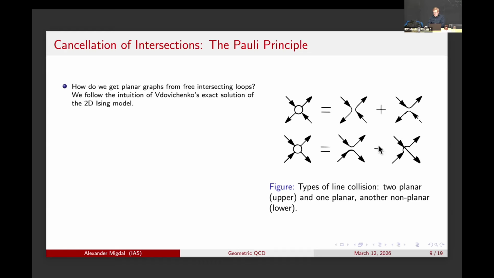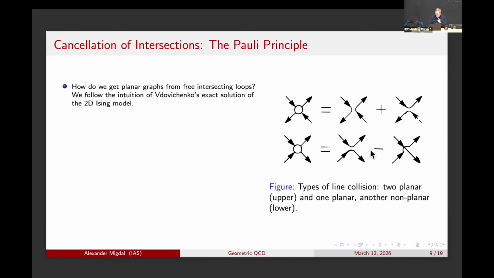That means that these two paths canceled each other. Exactly canceled. It's zero. And these two doubled, not canceled. I mean, they both remained. So the planar graphs remained and the non-planar canceled. Think about that.